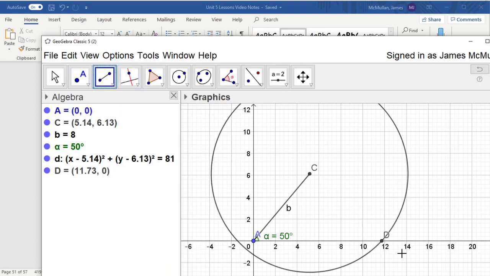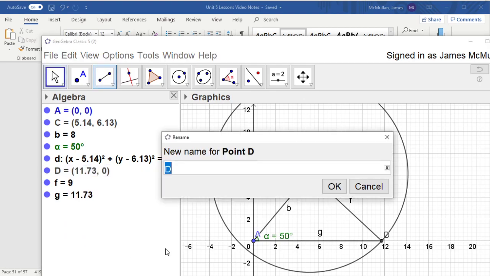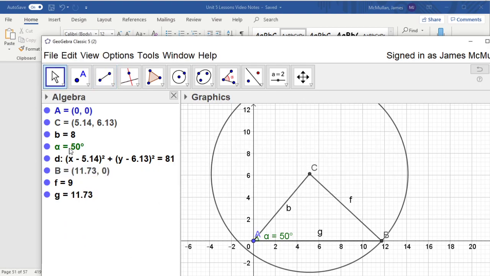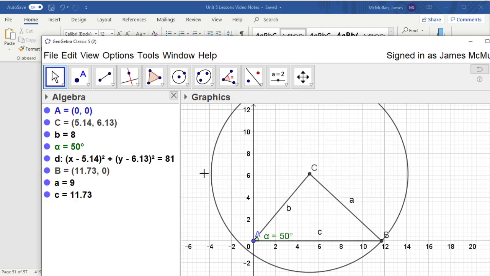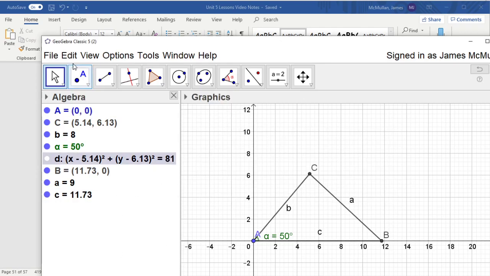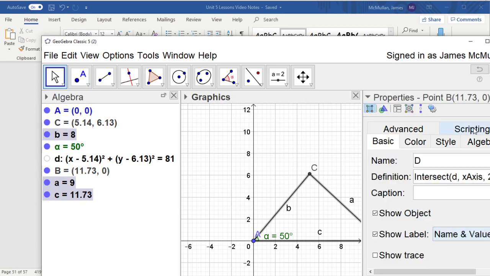Let's draw a segment from D to C, and get all the naming done properly. Rename to B, and F should be renamed to A, and G should be renamed to C. Let's get rid of the circle, and get all the values to show, name and value.